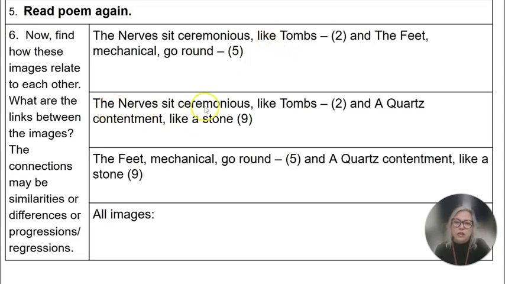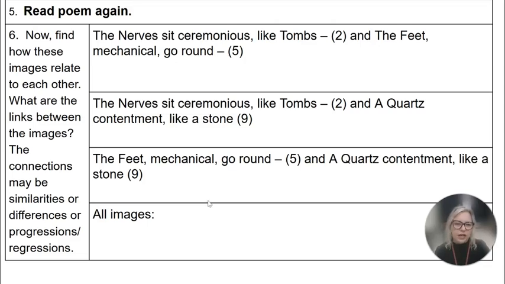For this one, the tombs and the third image, a quartz contentment like a stone, I think immediately that what comes to my mind is the stillness and the hard rock quality, right, of a tomb and then a stone. The feet mechanical go around and a quartz contentment like a stone. There's something that seems similar between mechanical and stone to me. Maybe it is a lack of humanity, right?